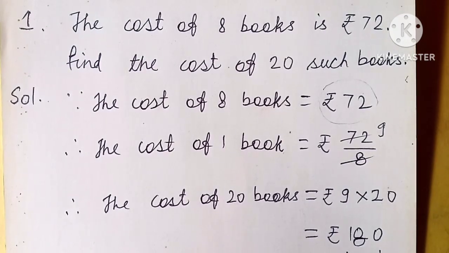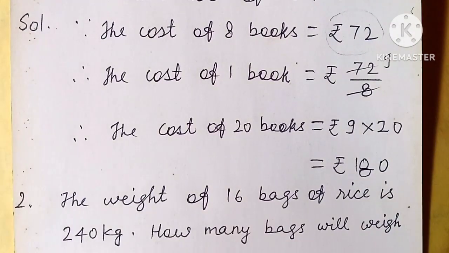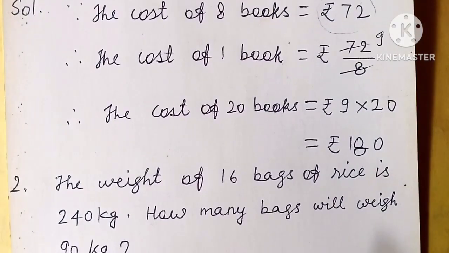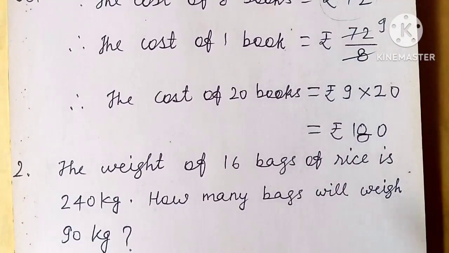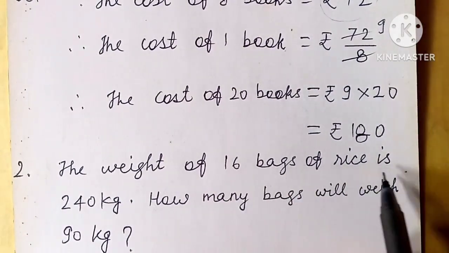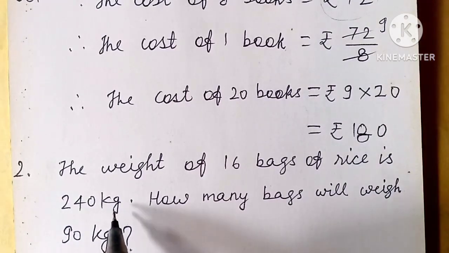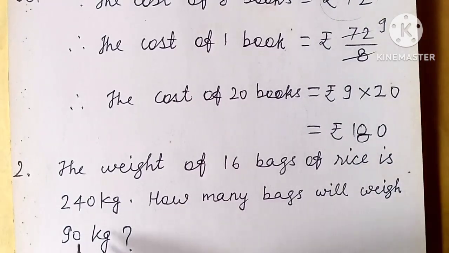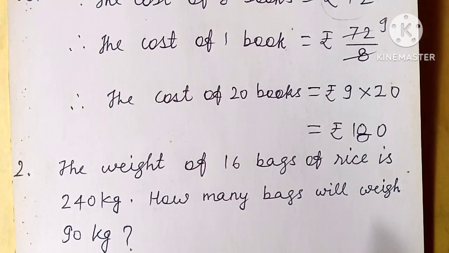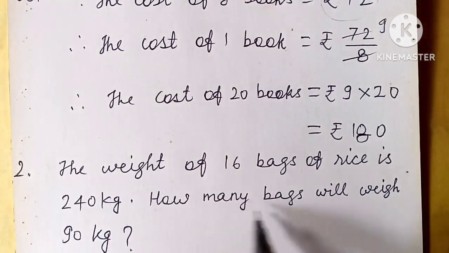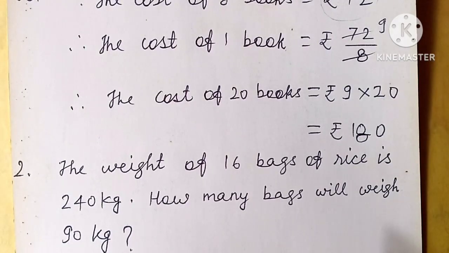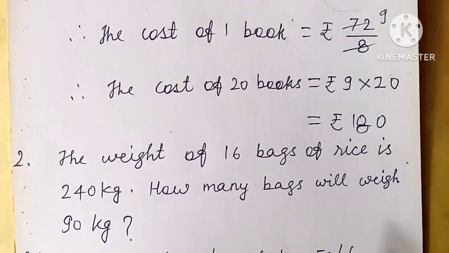Let us do the next question. The weight of 16 bags of rice is 240 kg. How many bags will weigh 90 kg? Here we have to find the number of bags. So we must write number of bags on the RHS.